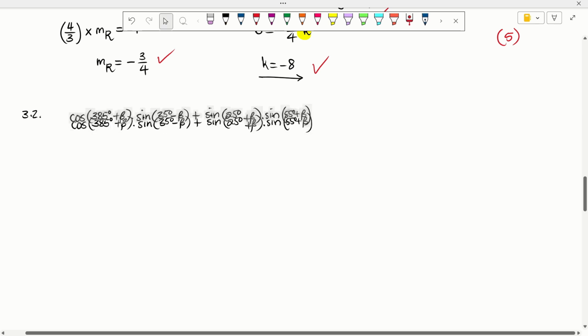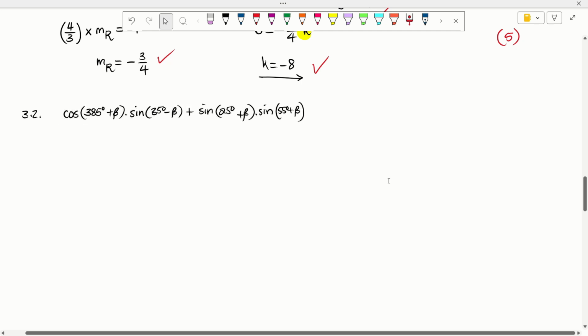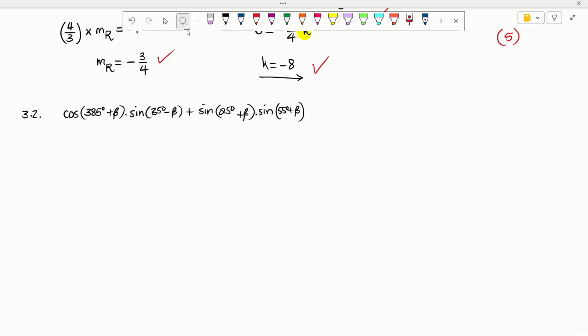Looking at this, what you should do is have a plan of how to approach this question. And just by observing it, guys, you should already tell that this looks like a grade 12 identity. It looks like, not exactly, but like cos alpha sine alpha plus sine alpha sine beta.